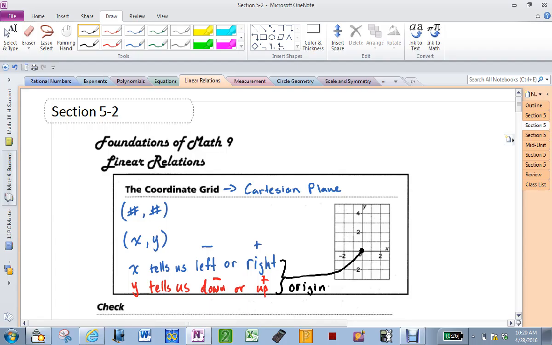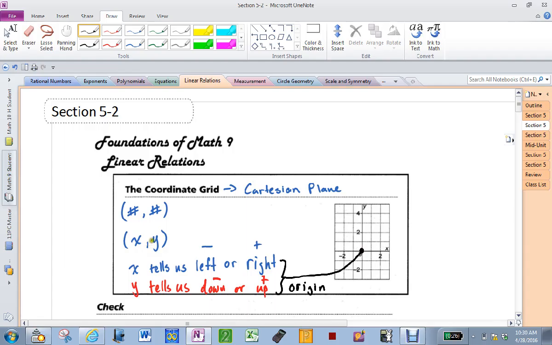Now, please notice the order with which these have been written. X is first, then Y, which means you start at the middle, and then you do your left and rights first, and then you do your ups and downs.